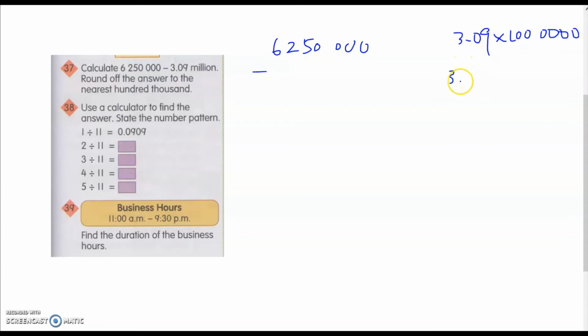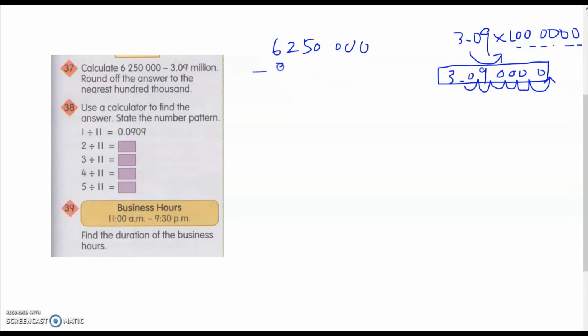So 3.09, I can write a few zeros first. And then when we times, we move the decimal point to the right. How many times? 1, 2, 3, 4, 5, 6. 6 zeros, so we move 6 times. So this is the actual number.